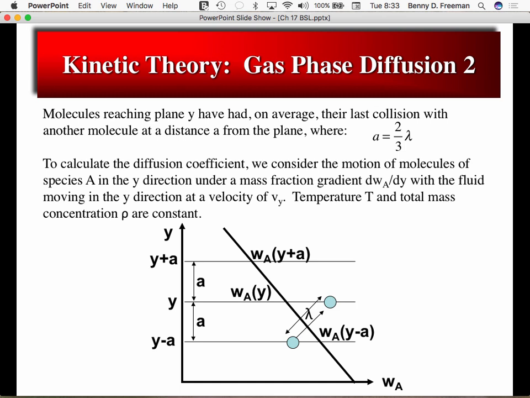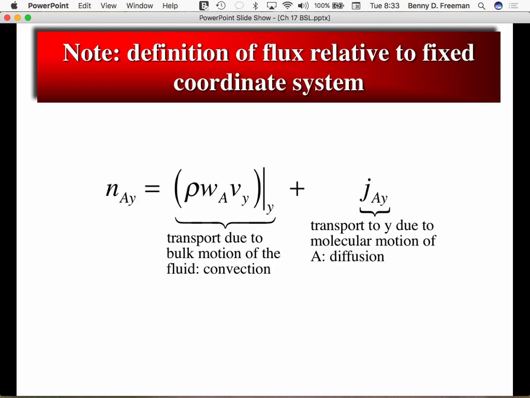And so we consider the motion of molecules of species A in the y direction under a mass fraction gradient, with the fluid moving at a velocity of V sub y. That'll be the reference velocity in this particular case. Take temperature and total mass concentration in grams per cc as constant.